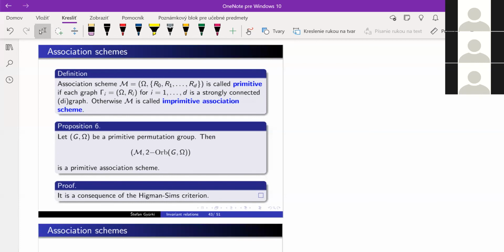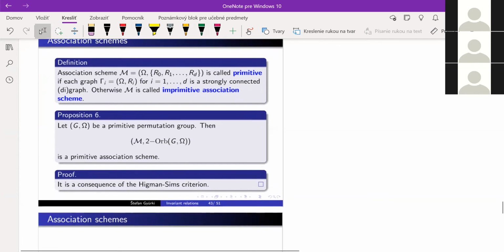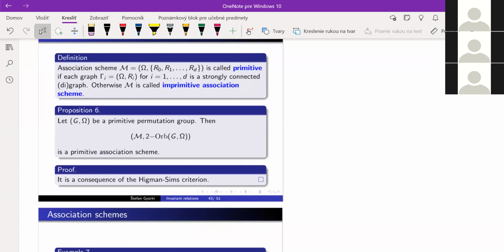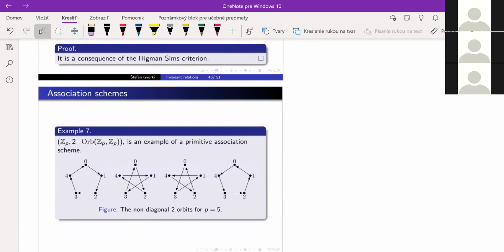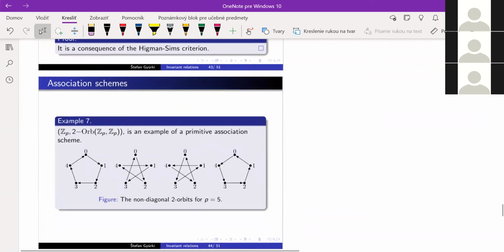So immediately from this definition, it follows that if we start with a primitive permutation group and we create its two-orbits, then, on one hand, we obtain an association scheme, and since they will share the same two-orbits or the same basic relations, then the association scheme is primitive. So this is quite a direct consequence of the concept of primitivity.